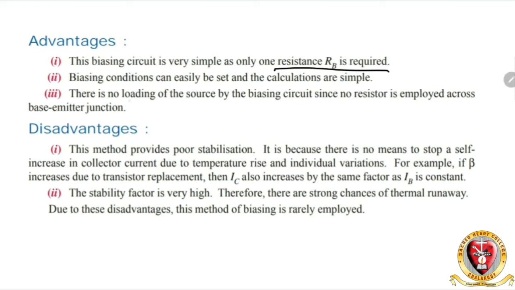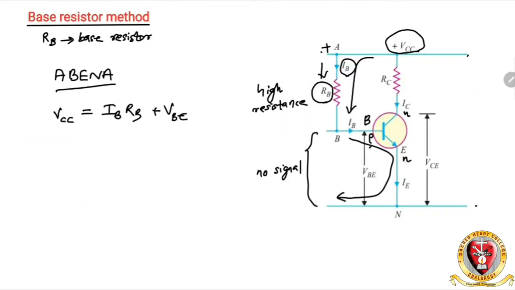Also, there is no loading of source by the biasing circuit since no resistor is employed across base emitter junction. That means in our transistor circuit diagram, in this portion there is no resistor.